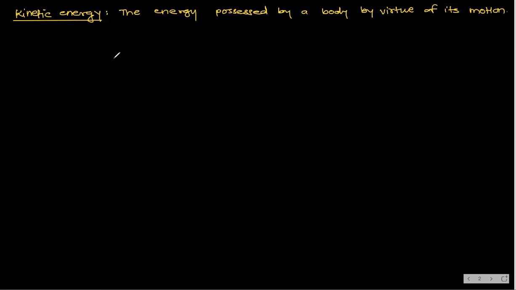An example of this energy is a bullet fired from a gun. And if you want to write the formula for kinetic energy, you know the formula: half m v square.